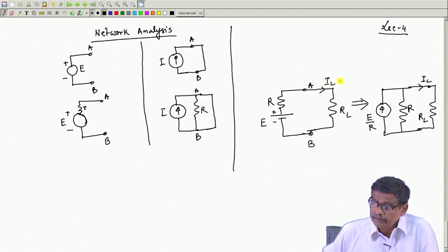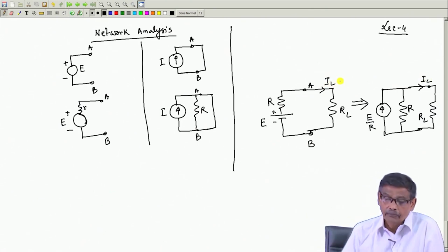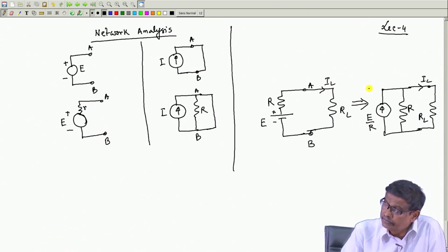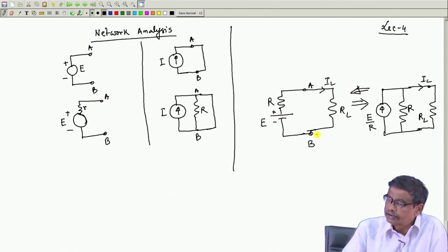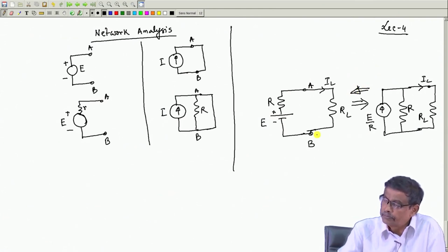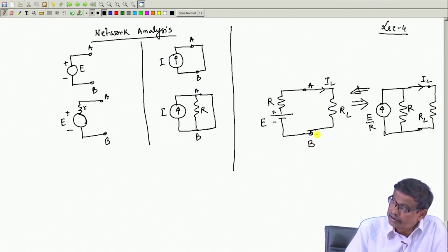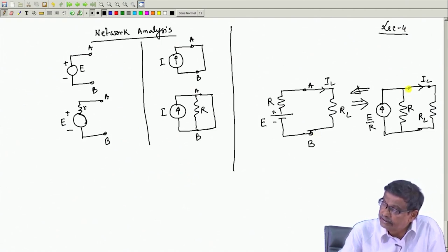Now, the only problem is what happens if the... So, this way you can go, and you can always transform a circuit having a current source in parallel with a resistance like that, where E by R into R is the voltage; these are the terminals.